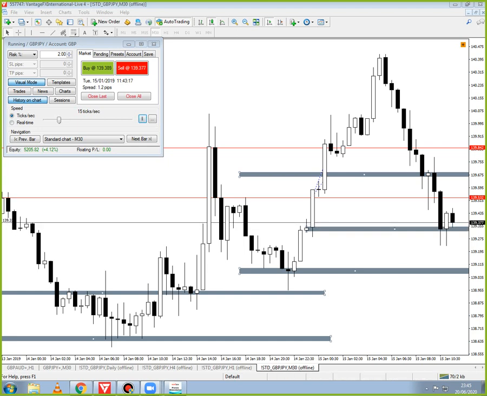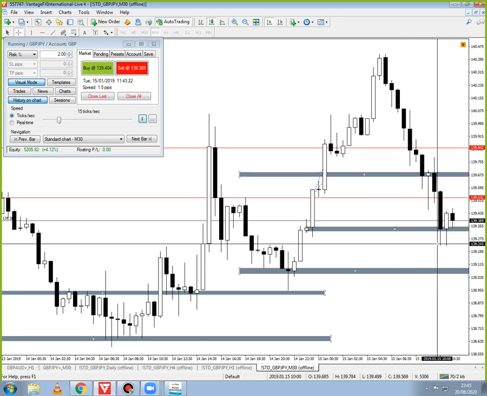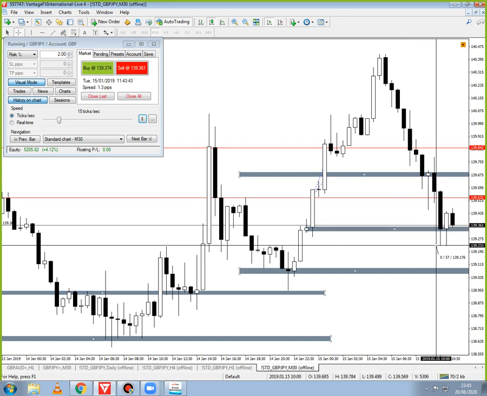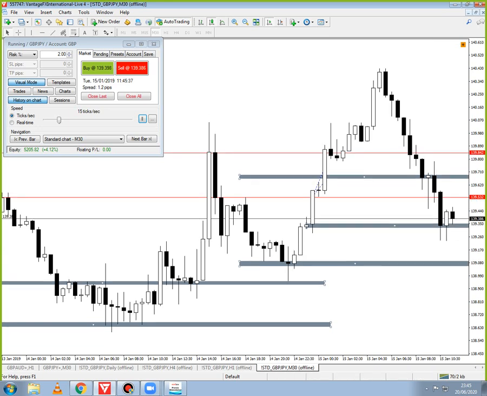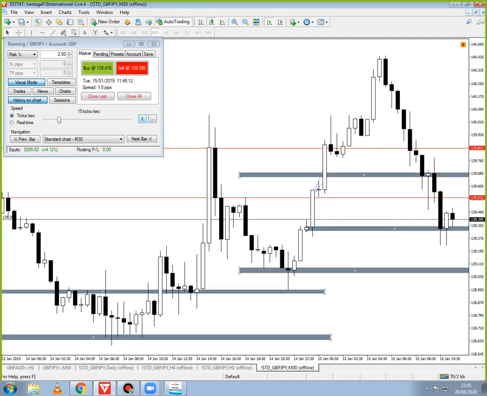So maybe a break of these wicks here to target down to the support over here. The stop's going to be pretty big, so we'll see at the time, because right now we're at support.